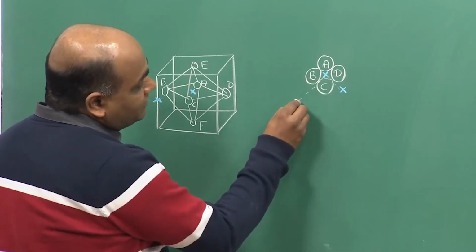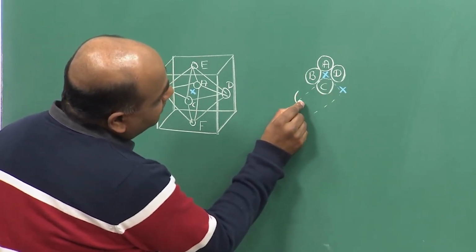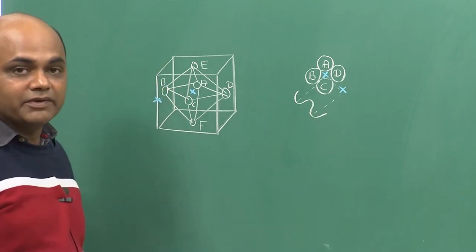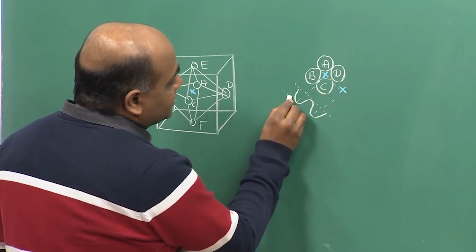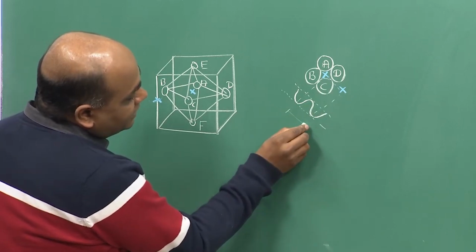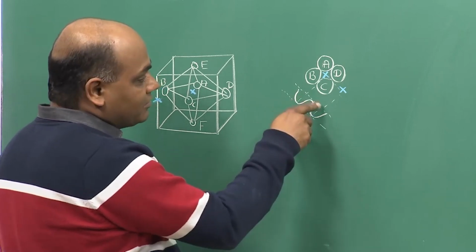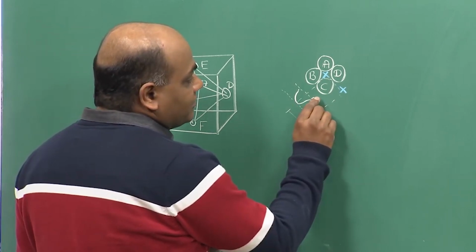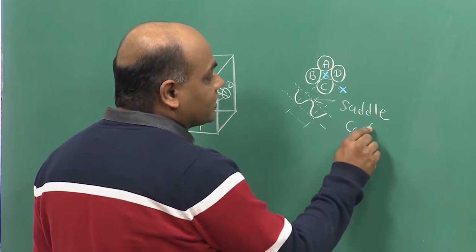Since these two are the equilibrium positions, there will be a minimum, and there will be a maximum somewhere in between. So, I am drawing energy versus the distance, this is the x coordinate. This first position is at minimum, second position is at minimum, and there will be a maximum in between, and this maximum position corresponds to what we call the saddle configuration.